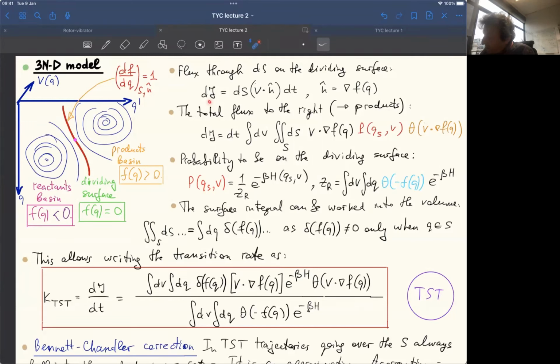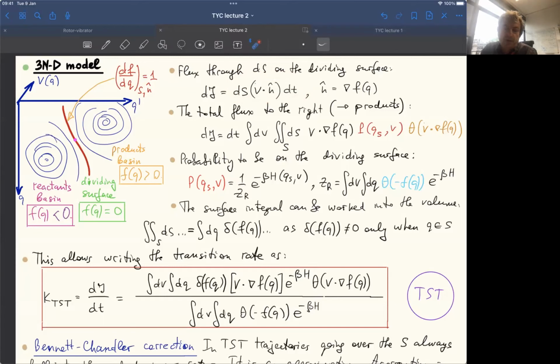The rate of transition can be given by this expression. So v is the velocity of my system, a multi-dimensional vector, and n is the normal to the dividing surface at a particular point. So the dividing surface is big, and at each point we have normals. You may have seen this expression before when you do kinetics.